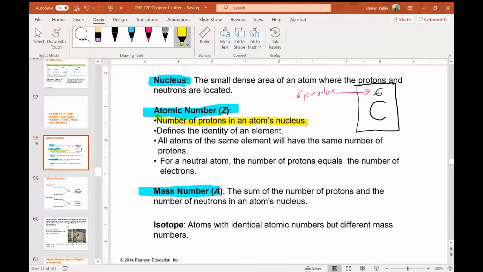Not only does it tell us about the number of protons, but for neutral atoms, the number of protons equals the number of electrons. So our carbon atom up here would have not only 6 protons, but if it's in the neutral state, it would also have 6 electrons.